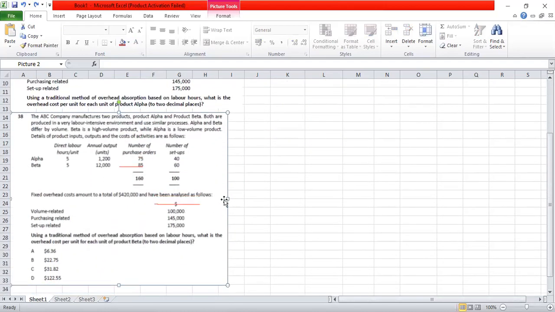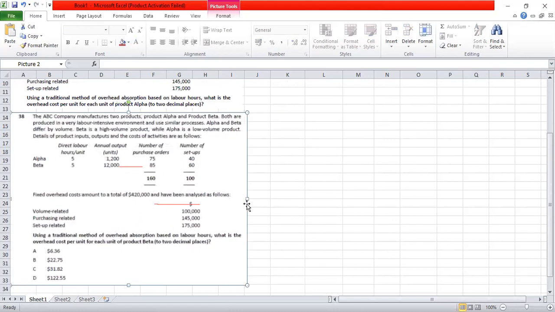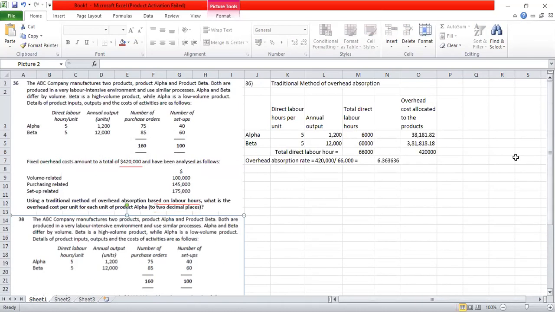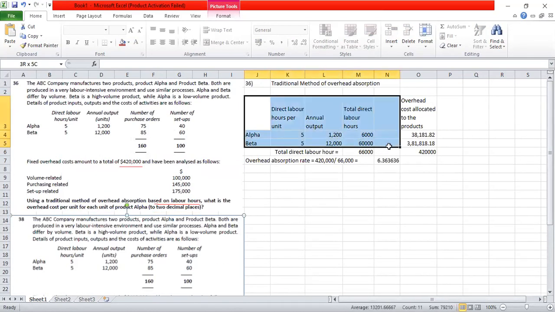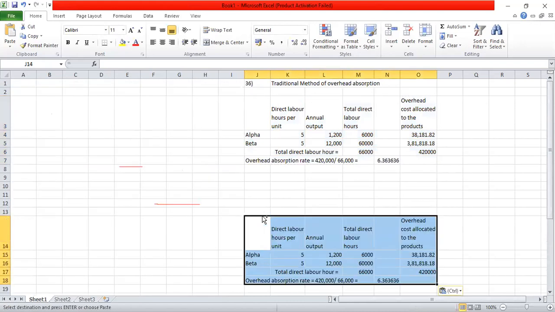It says, using a traditional method of overhead absorption based on labor hours, what is the overhead cost per unit? So already we have allocated the cost. Now we need to know the cost per unit. This part I will also paste there so that it becomes easy for us to refer.